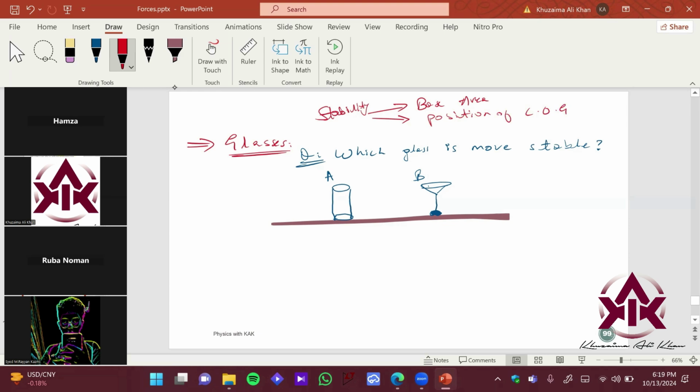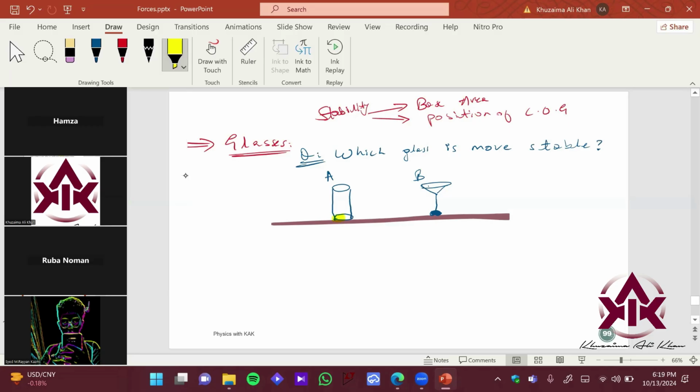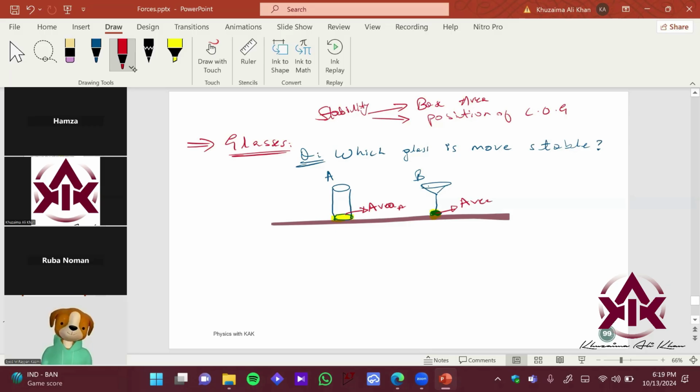Okay. So here we can decide using the idea of base area, right? As you all did. This is the base area of A, and this is the base area of glass B, right? So you can just see this, right? This is area of A, and this is area of glass B.